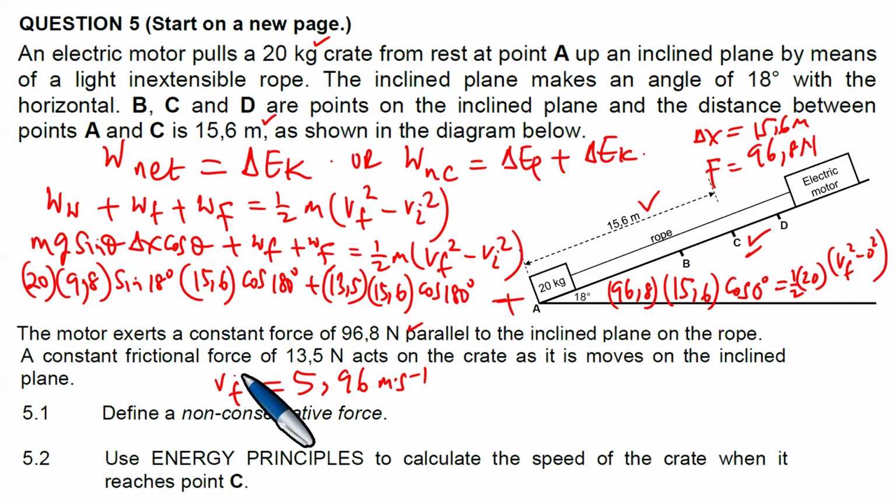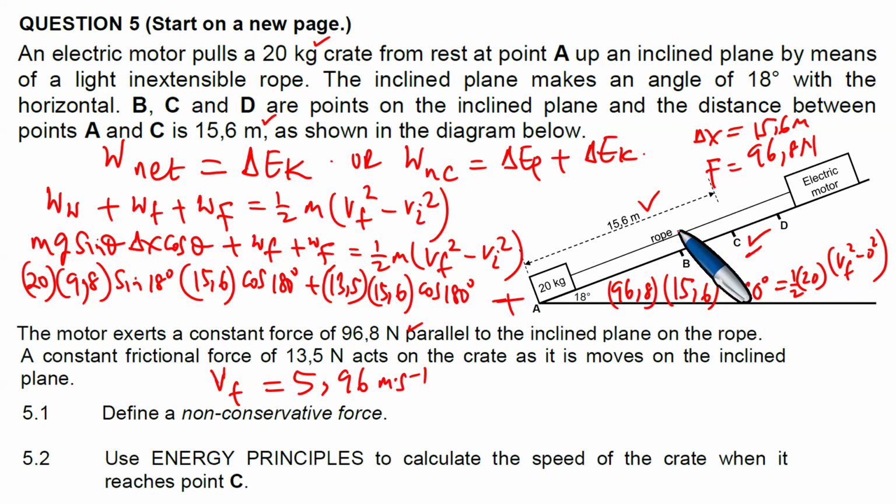So at this point, we've used energy principles to calculate the speed of the crate when it reaches point C. And this is how we've done it. Think about it and make sure you understand it, but we just used W net. Now there are a couple of very important things.